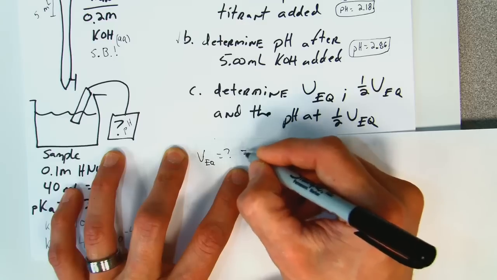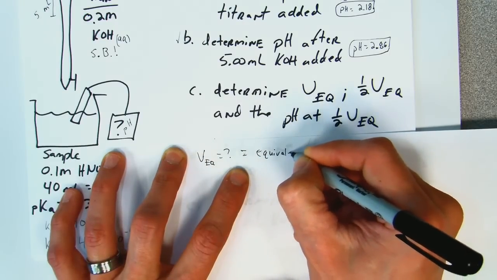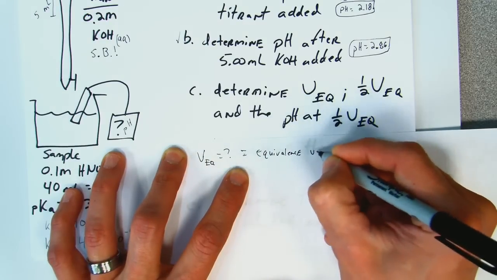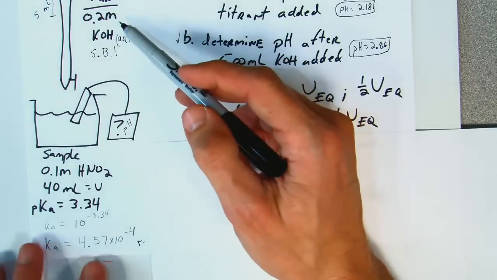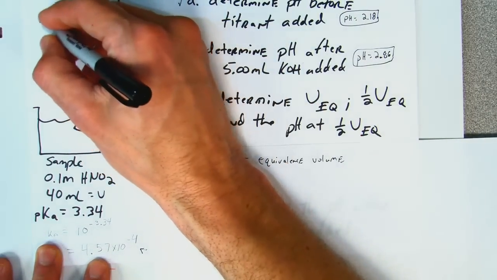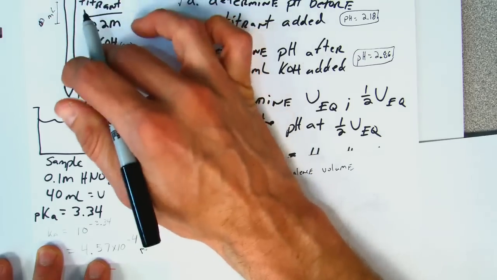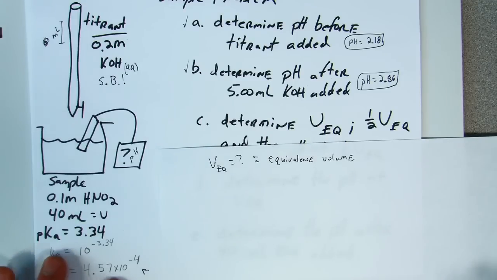Basically that translates to the equivalence volume. What that means is how much volume of titrant do you need to reach the equivalence point? In other words, how many milliliters will need to be drained from my burette to reach the equivalence point?